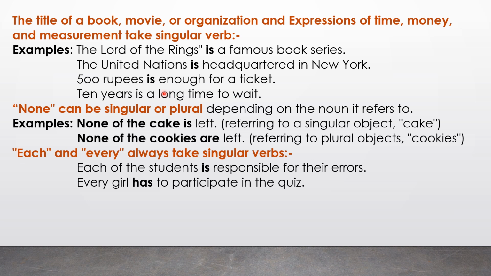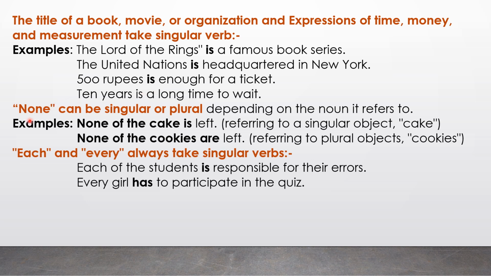So this is how they are considered singular, although the name is plural, because it is the name of one book, one organization, and an expression of money and time always takes a singular verb.